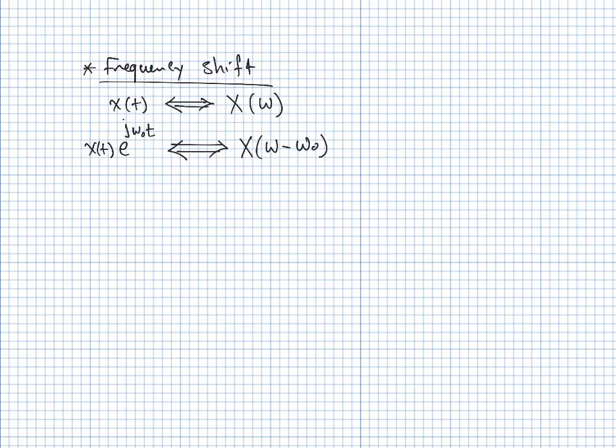Okay. Next property is convolution product duality. So convolution, we put them again into two factors. So convolution in time.